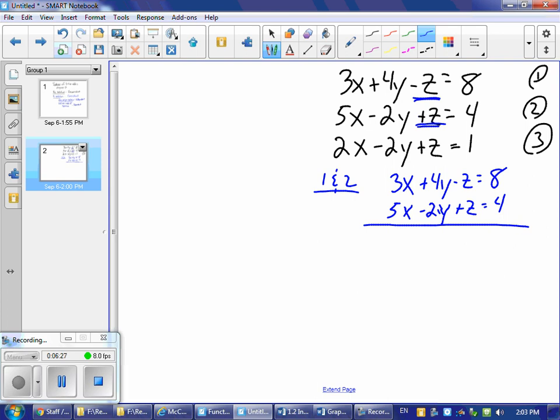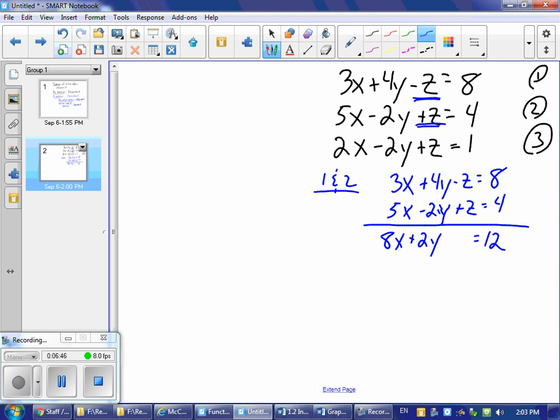And when I do that, I'm going to get 3x and 5x is 8x, 4y and negative 2y is 4 minus 2, so that's going to be plus 2y. And then the negative z and the positive z go away. That's going to be 0. And then I have to remember the right side, which is 8 plus 4 is 12.